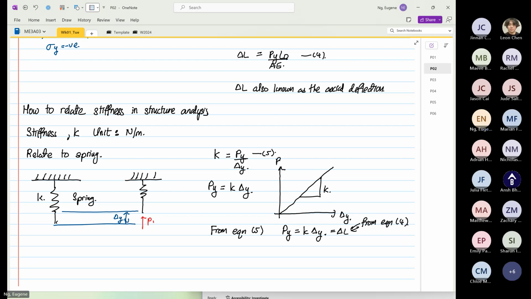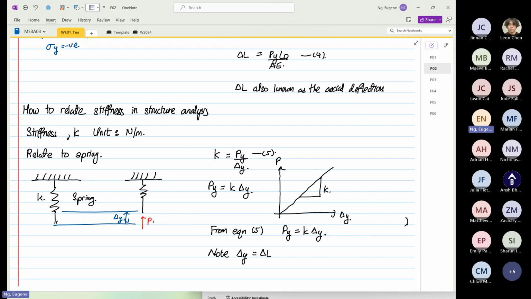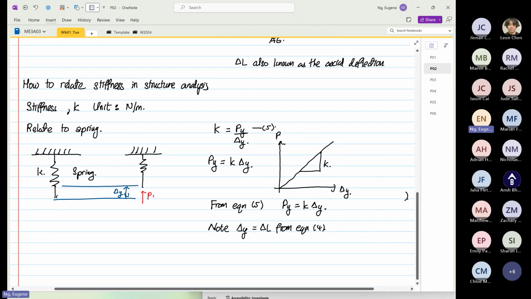So when we substitute equation number 4, note that delta Y is also equal to delta L from equation number 4.